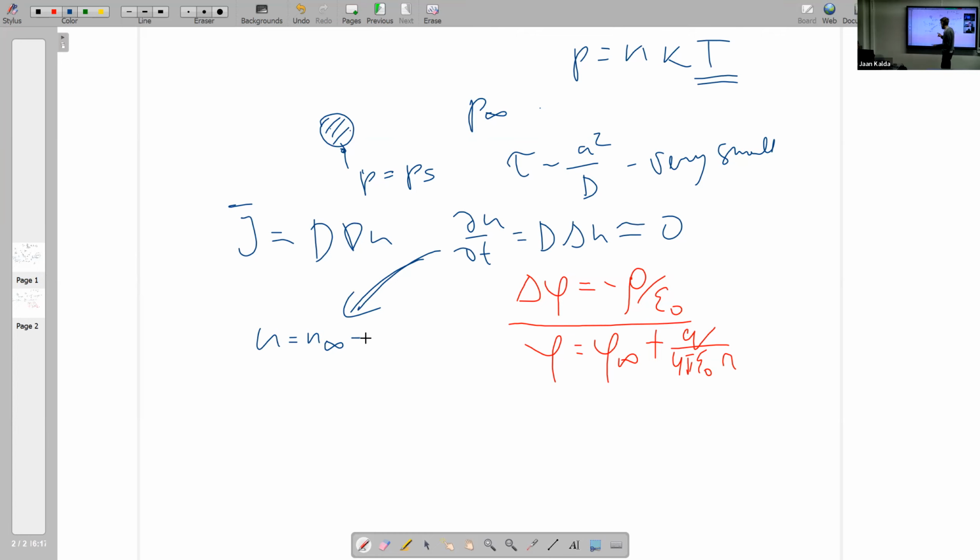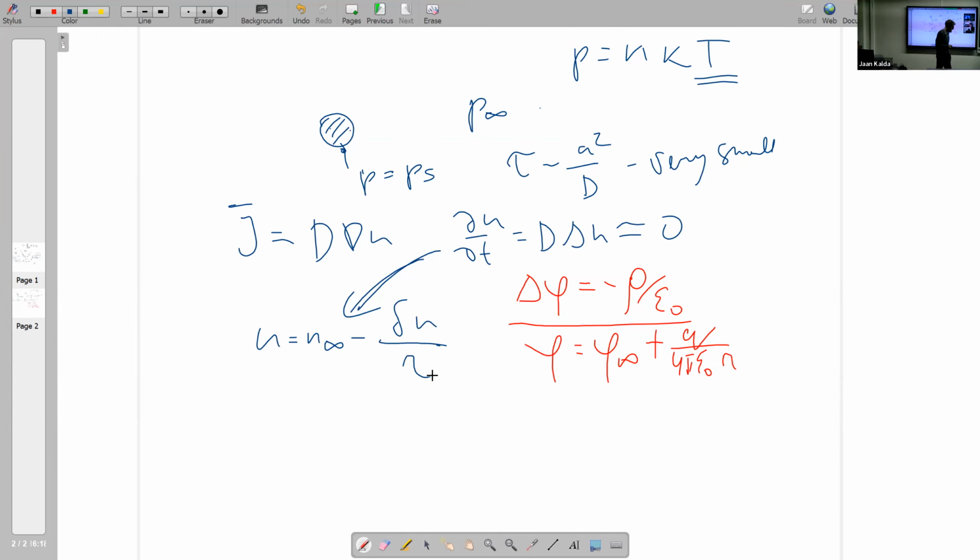So we can take any arbitrary constant for the second term and divide it by R. We take some delta n, which is the concentration difference, and delta n divided by R, where R is the distance from the center of the droplet.